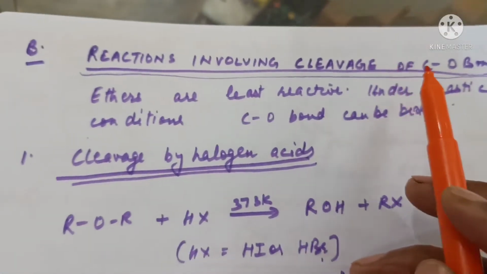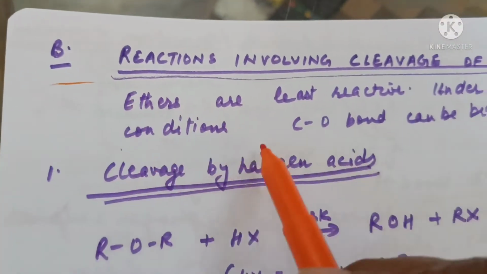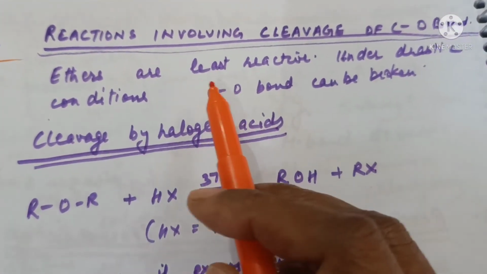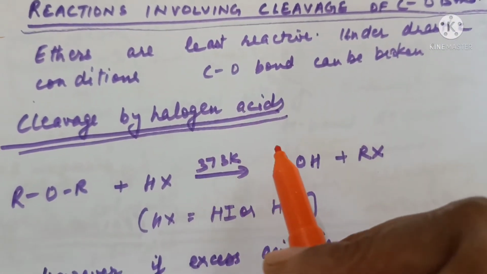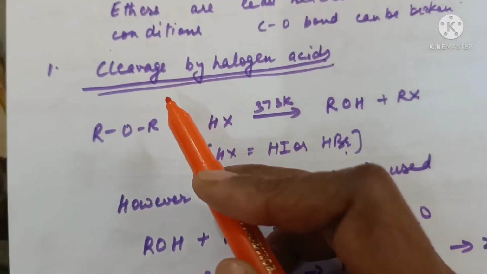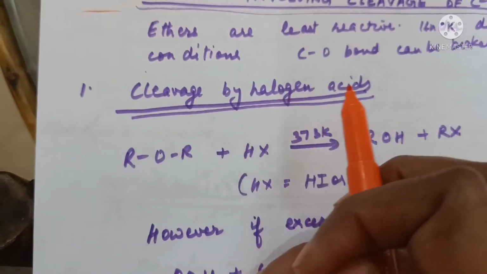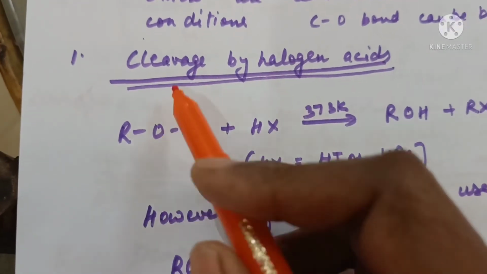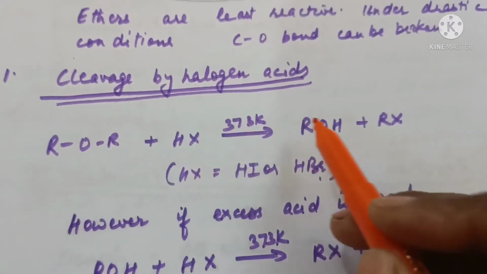Reactions involving cleavage of the carbon-oxygen bond. This is the second category. As ethers are least reactive, the bond breaks with difficulty, but under drastic conditions we can cause cleavage of the bond. First, cleavage by halogen acid. Halogen acid will cause cleavage to form an alcohol and a halide.